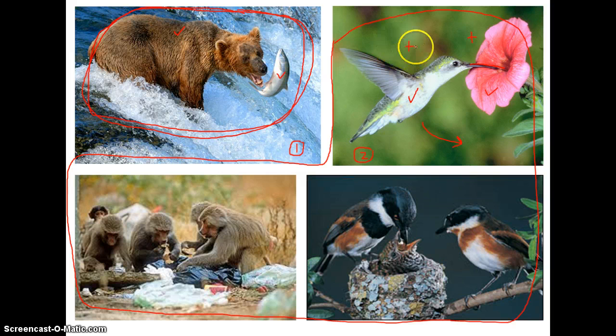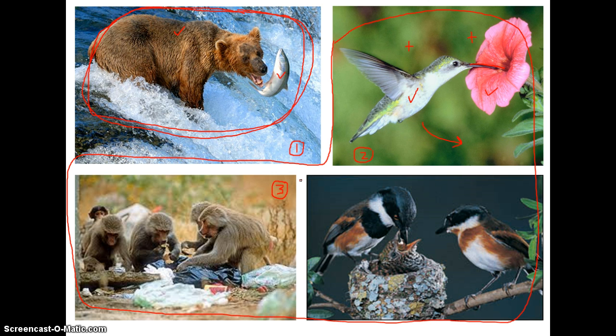So the hummingbird benefits from this relationship by obtaining nutrients, and the flower benefits from this relationship by being able to reproduce. So it's a mutually beneficial relationship. Therefore, it's called mutualism.